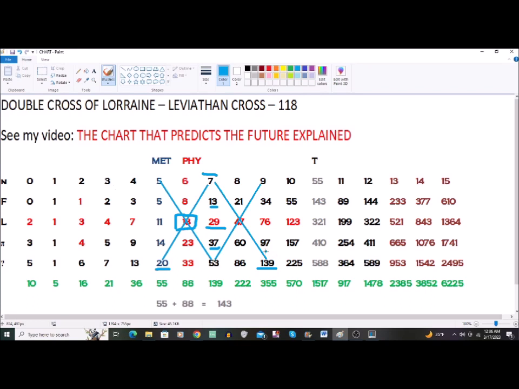Again, the 139 is super important on this bottom leg, because this is a completion, a total for the number 7 column, and that's a completion number. I don't know what else to say about it, really. I'm just trying to think what other numbers I've missed out of here. We got the 25 now showing up here, or the 52 on the corners.